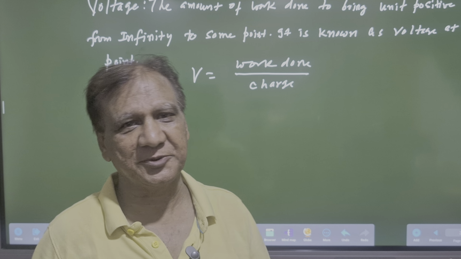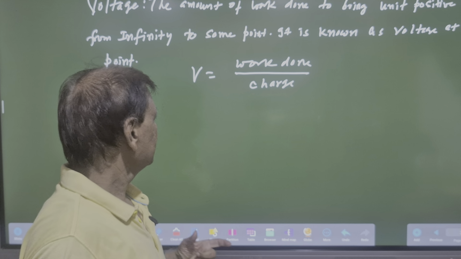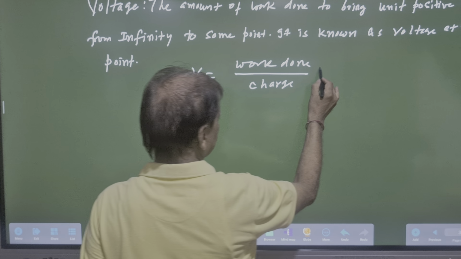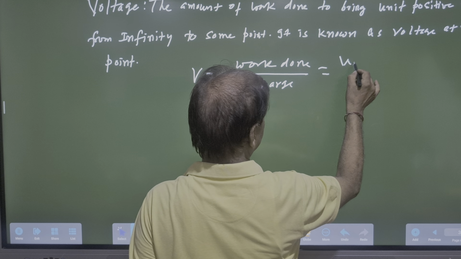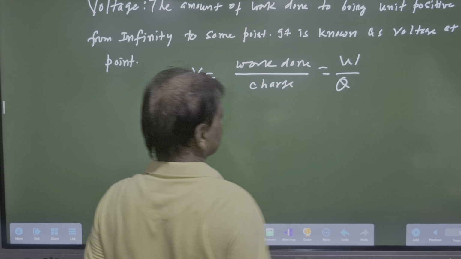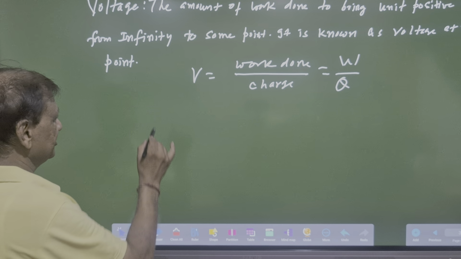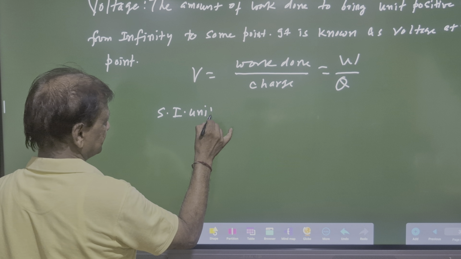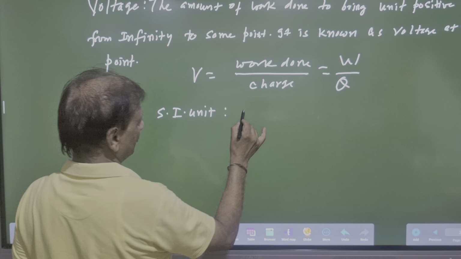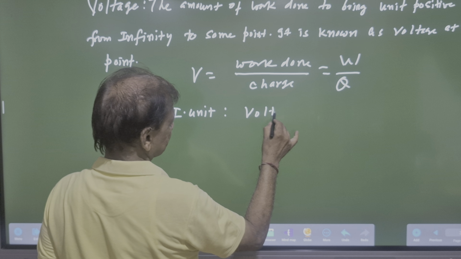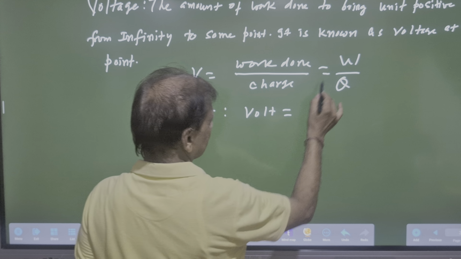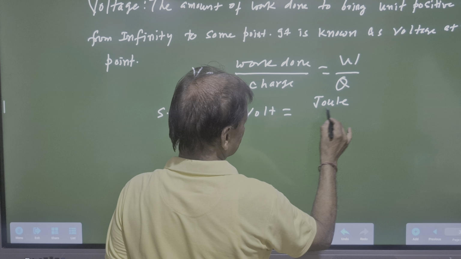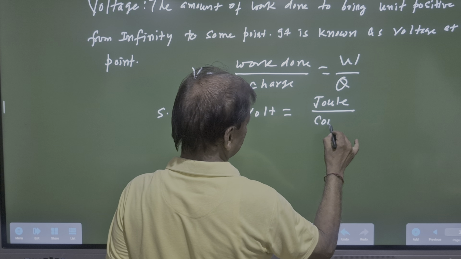In symbols we can write work done is W and charge is Q. Now the SI unit of voltage is volt, and the unit of work is joule and the unit of charge is coulomb.